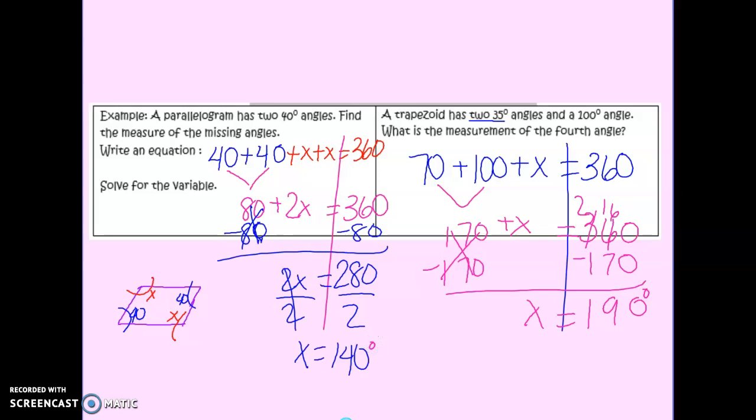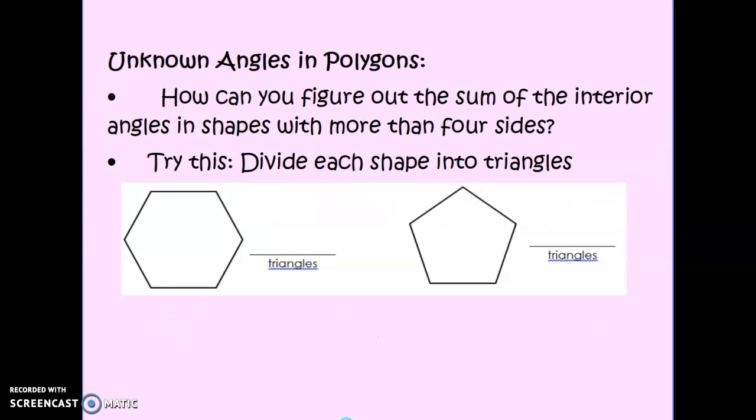Okay, moving on, and we're going to talk about polygons. So it's asking us to figure out how to find how many triangles are in these shapes. So we're going to divide this into triangles.